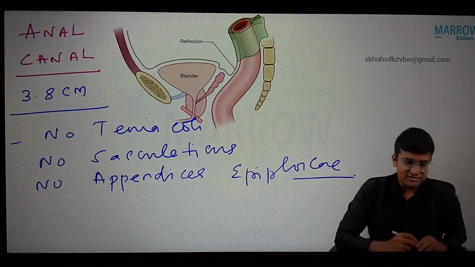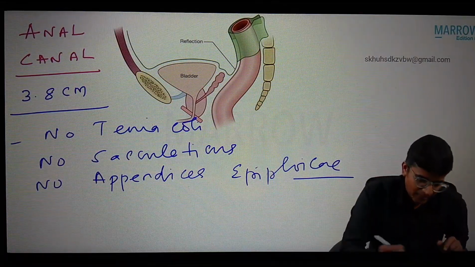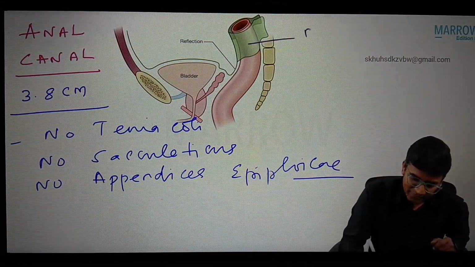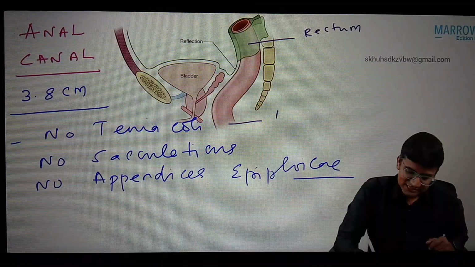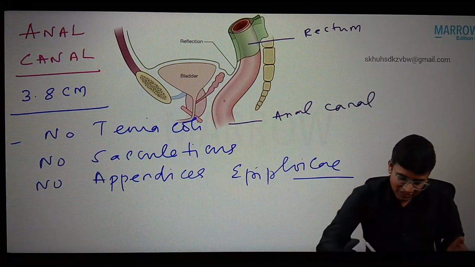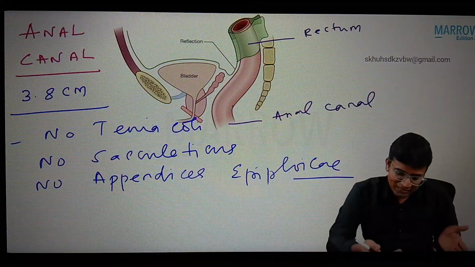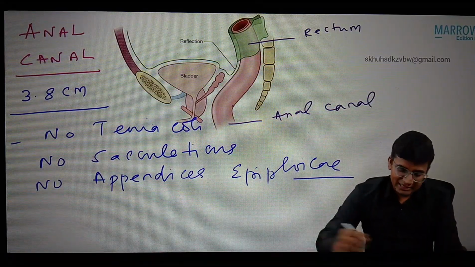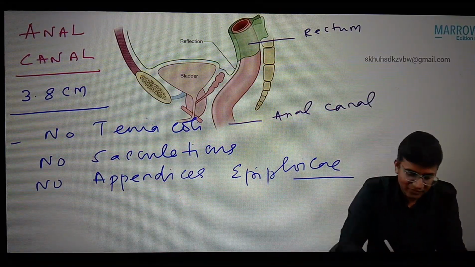Okay, yes. Now this is the rectum, and this is the anal canal. Now see the lower part of the rectum. The lower part of the rectum turns backward and in turn continues as the anal canal.